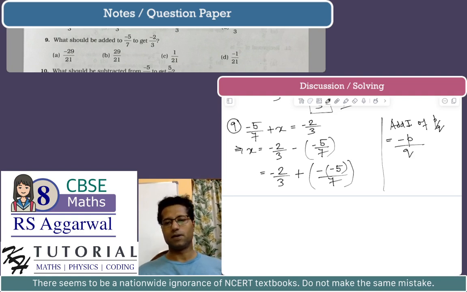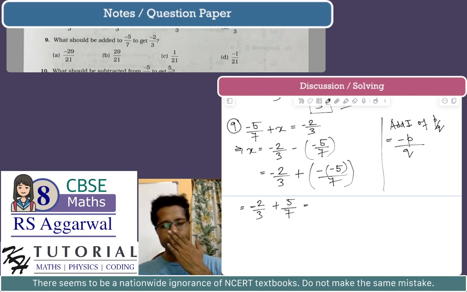The additive inverse of minus 5 by 7 is equal to the negative of minus 5 divided by 7. So this is equal to minus 2 by 3. Negative of negative 5 is 5. So this becomes 5 by 7. Now the LCM of 7 and 3 is 21.